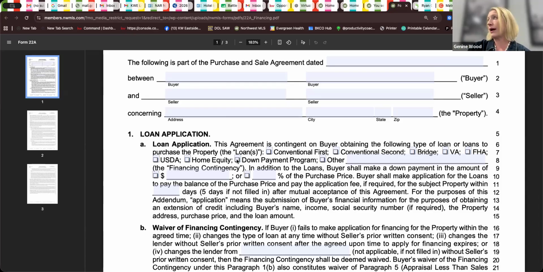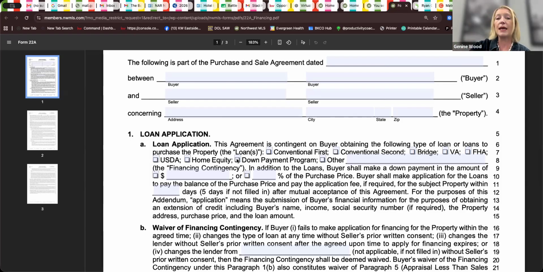Down payment programs. This is where they might be getting grant money or help from another institution that's going to give them down payment assistance. When I say down payment, that means the down payment they're putting on the property. So you'll notice this line, buyer shall make a down payment in the amount of either a dollar figure or a percentage.